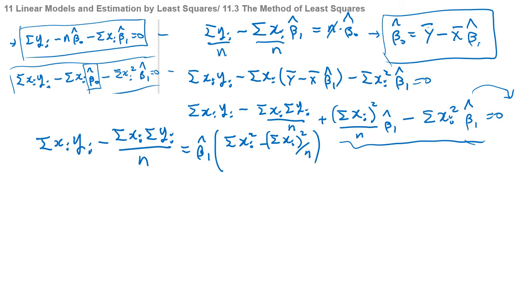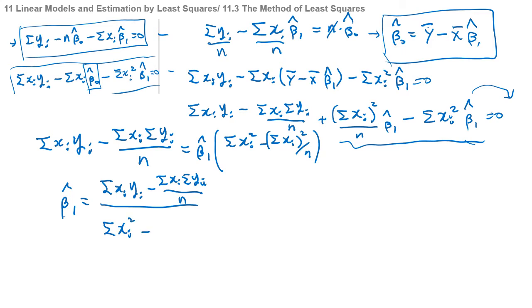And so our beta 1 hat is equal to sum of xi yi minus sum of xi sum of yi divided by n, and the denominator is sum of xi squared minus sum of xi squared over n.